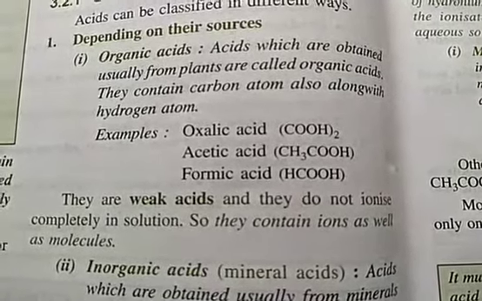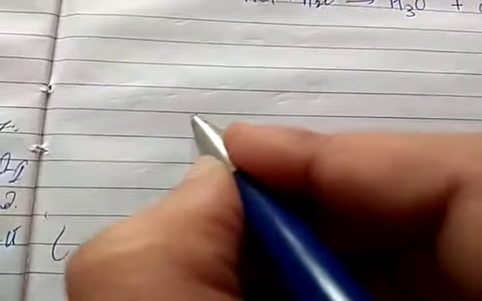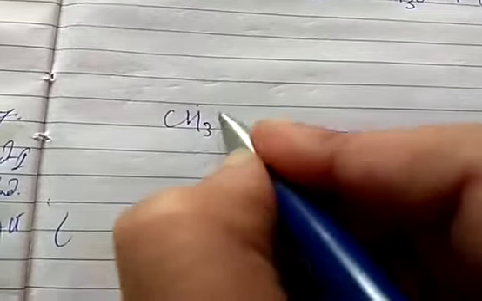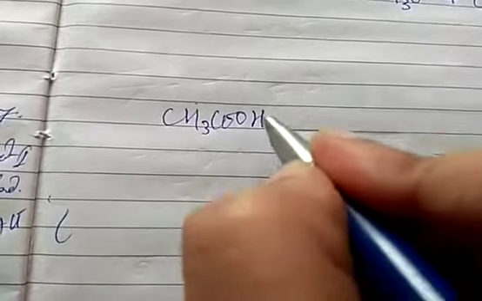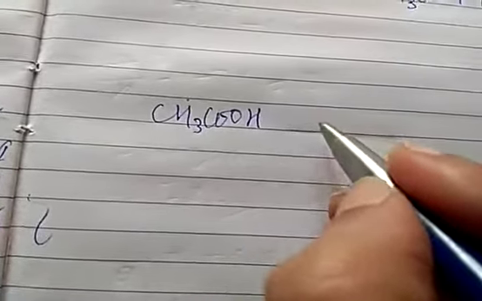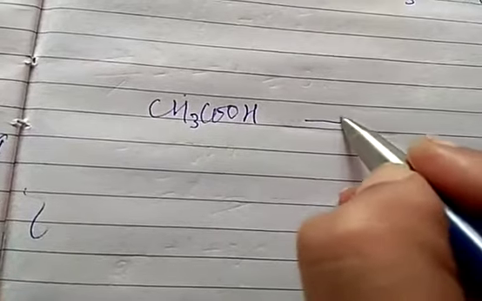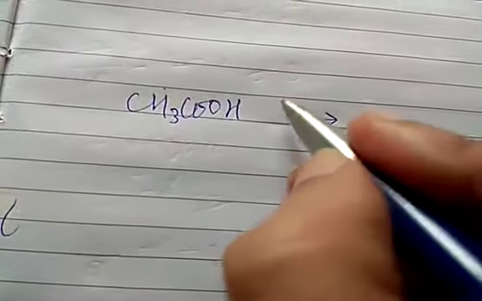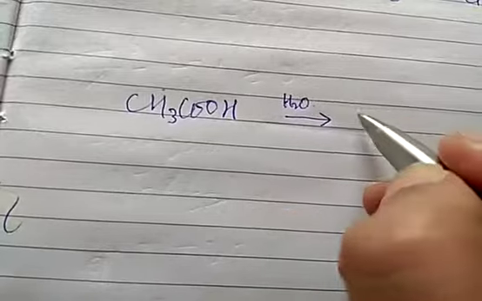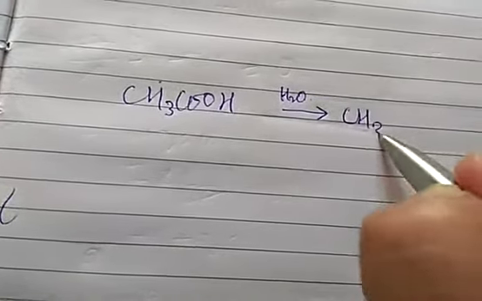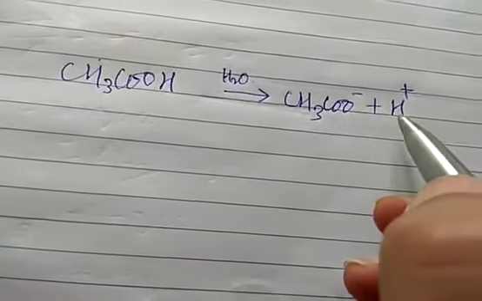I'll tell you. Let me take the example of acetic acid. This is acetic acid. Now if it dissociates in a solution, say for example water, then obviously it is going to produce this result. Now students, I'm not writing H3O plus.